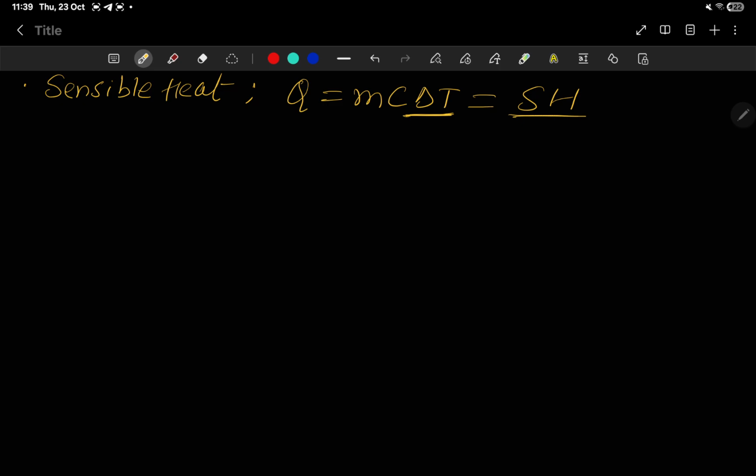And another point is latent heat. This is latent heat.